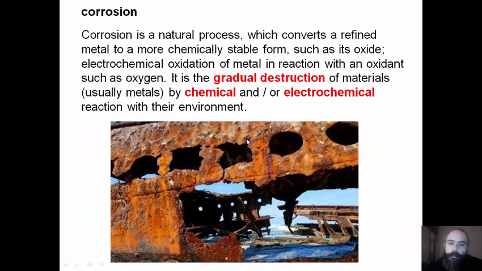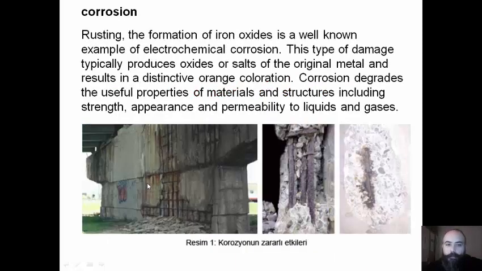Corrosion is a natural process which converts a refined metal to a more chemically stable form, such as its oxide. It is the electrochemical oxidation of metal in reaction with oxidants such as oxygen. It's the gradual destruction of materials by chemical and/or electrochemical reaction with their environment. Rusting, the formation of iron oxides, is a well-known example of electrochemical corrosion.